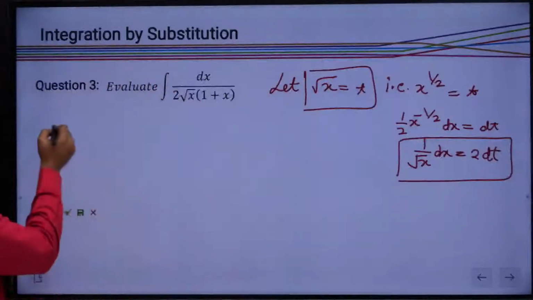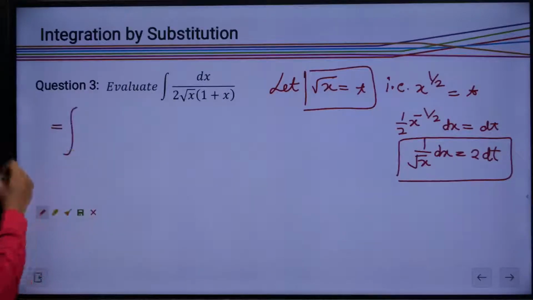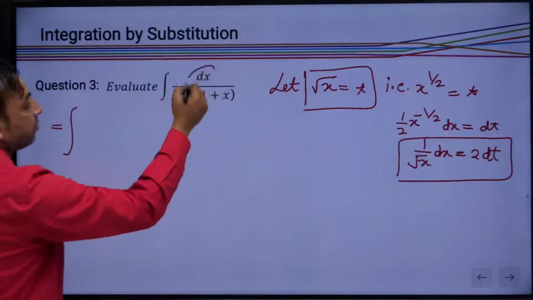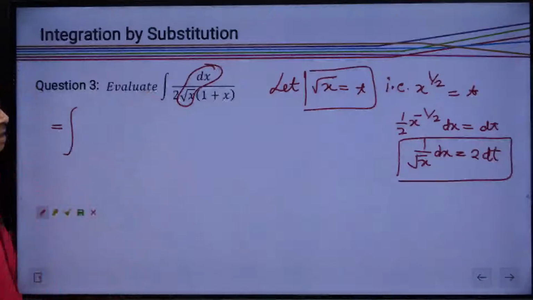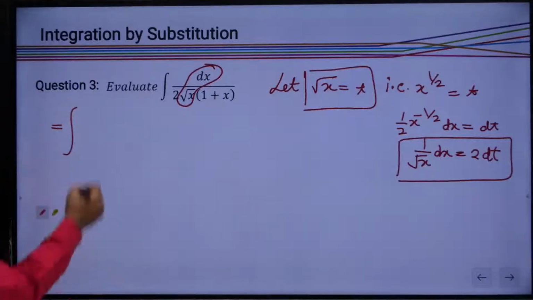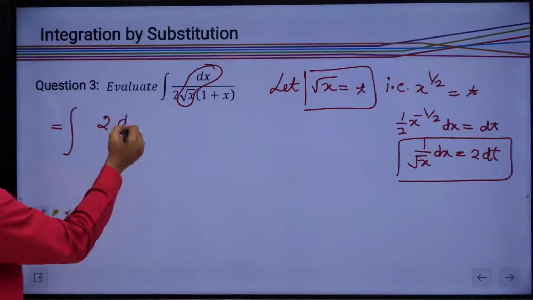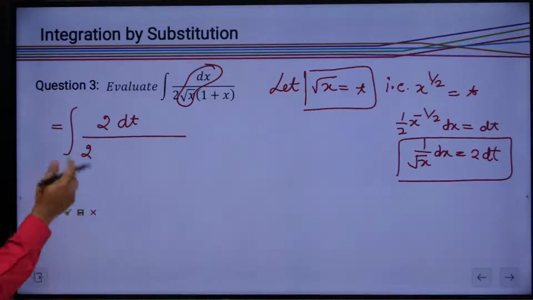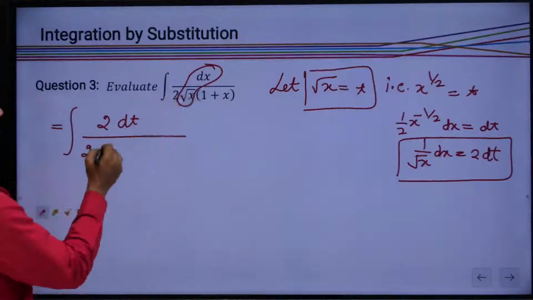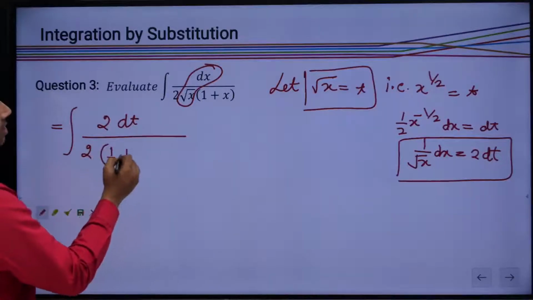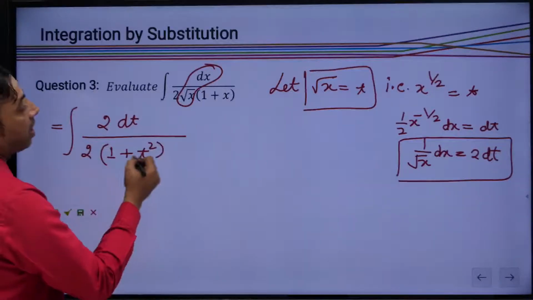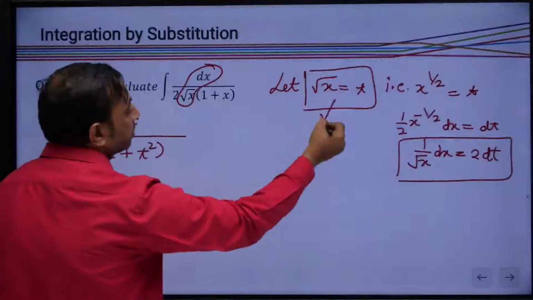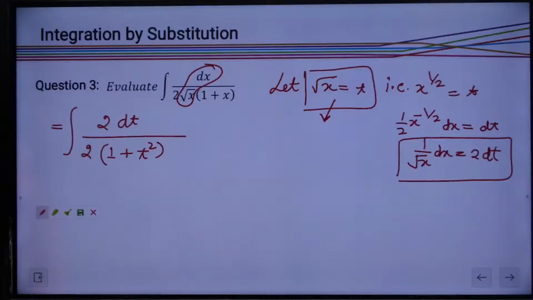Okay. So my given integration, my dx with this root sign, will convert into 2 dt. A 2 is already there in the denominator, that we will keep as it is, and in the remaining term 1 plus x, the x can be written as t square from this substitution basically. Root x equal to t, my x can be written as t square.